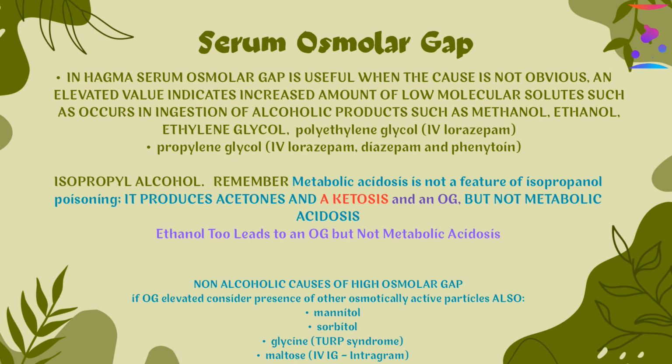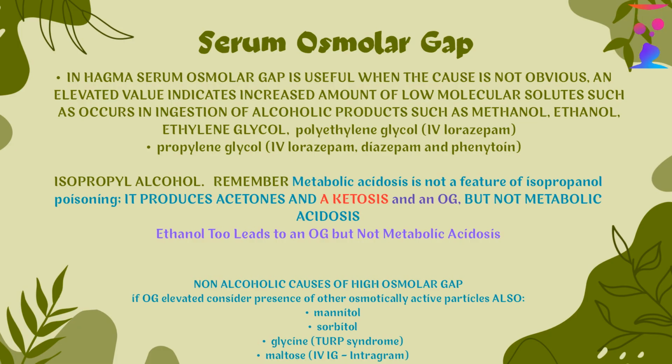Before going on to discuss individual toxic alcohols, two things I would like to point out from this slide. One is that propylene glycol could be a component of intravenous seizure medications.